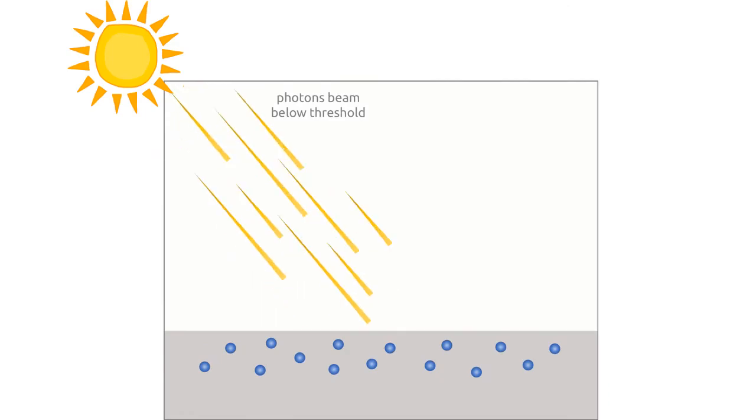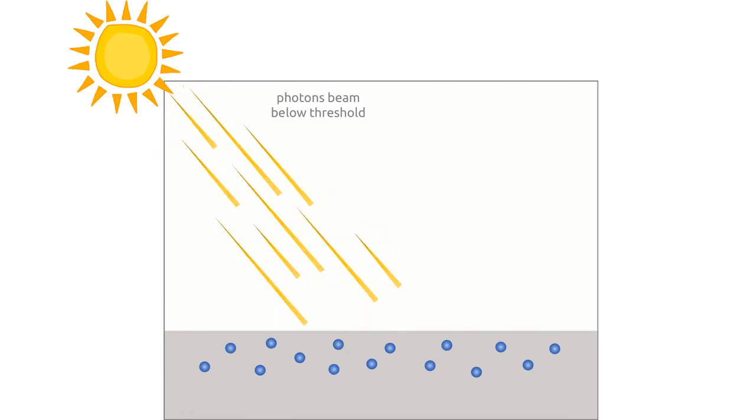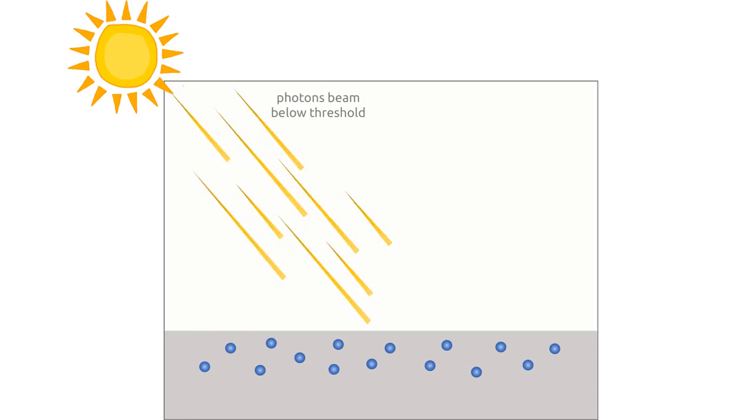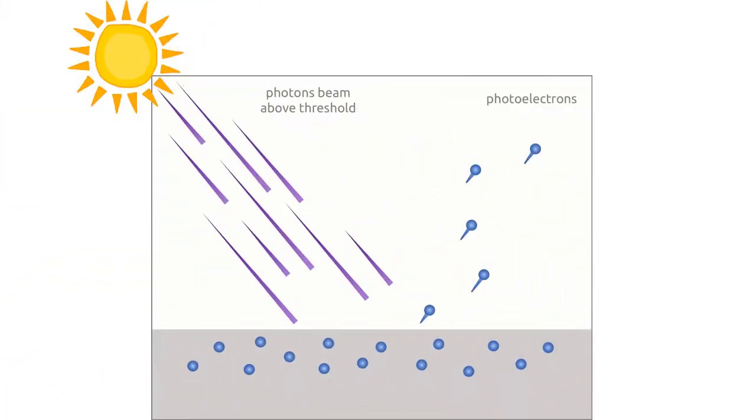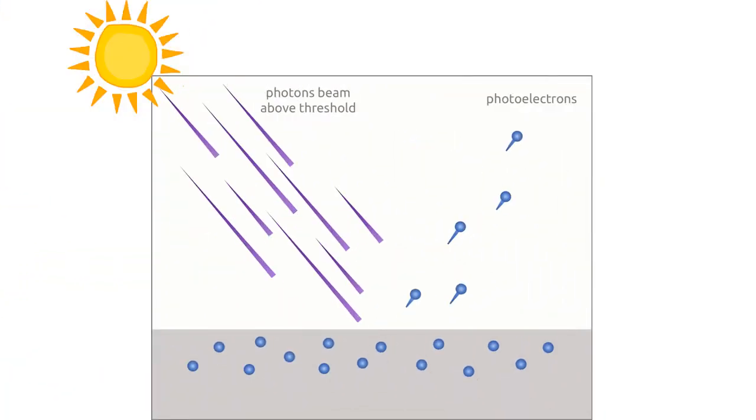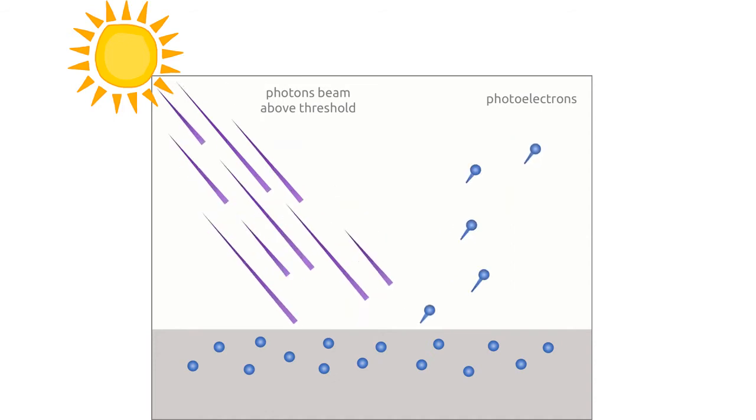Now, when light of sufficient energy falls on the metal surface, these free electrons are ejected from the metal surface.